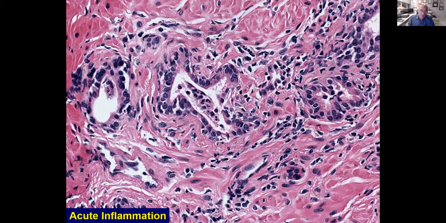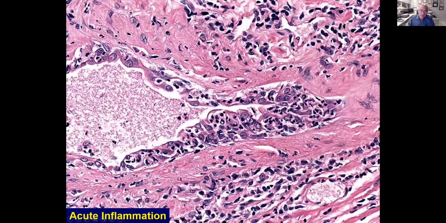But if we ignore in our reports the mentioning of this acute inflammation, then I think we are lacking in regards to clinical pathology correlation, because this is an important element that can be related with the increased PSA.